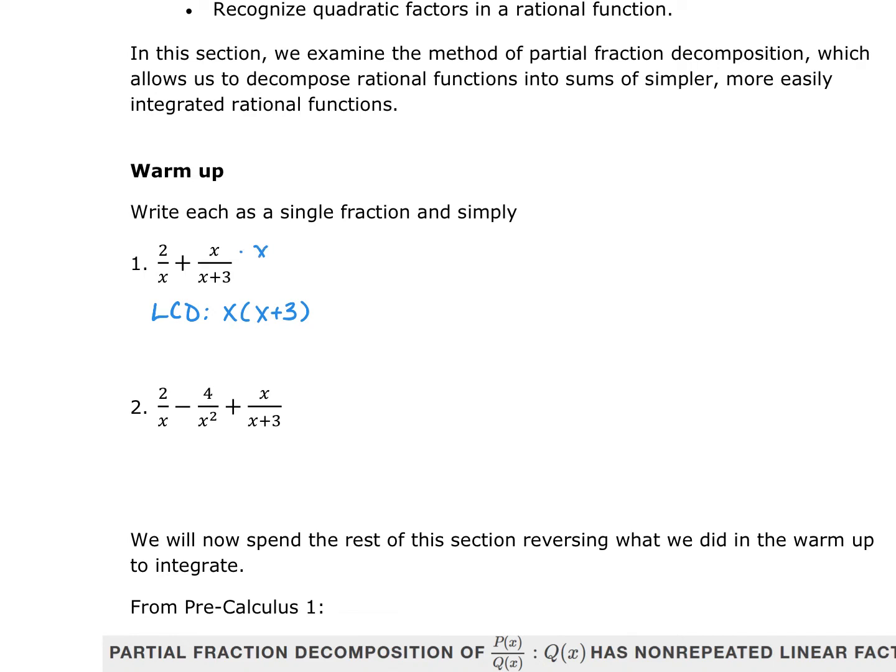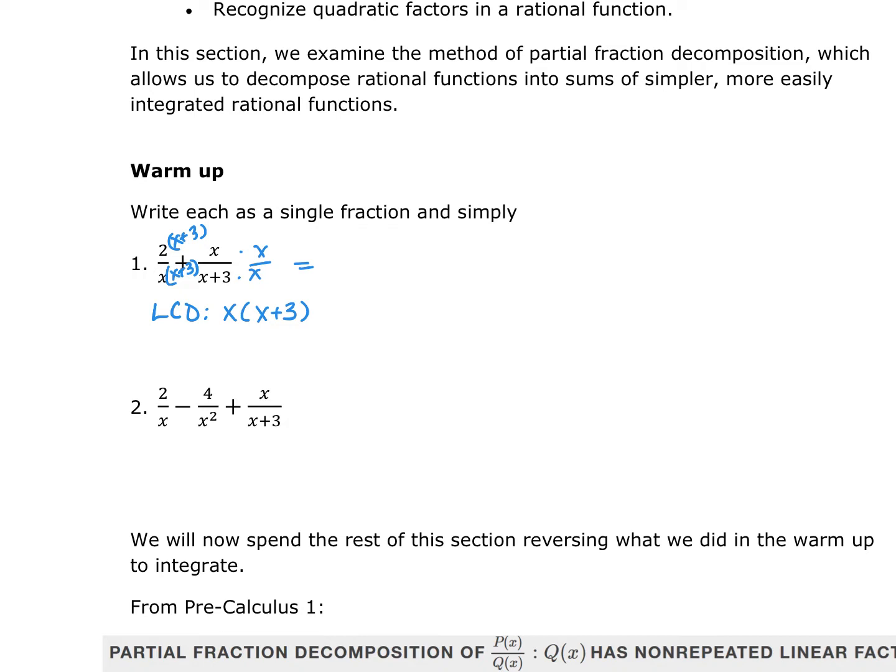What we would do back in Algebra 1 or Algebra 2, or where you learn this, is multiply each fraction by whatever factor of the lowest common denominator is missing. On my first fraction, I multiplied numerator and denominator by x plus 3. In my second fraction, I multiplied numerator and denominator by x.